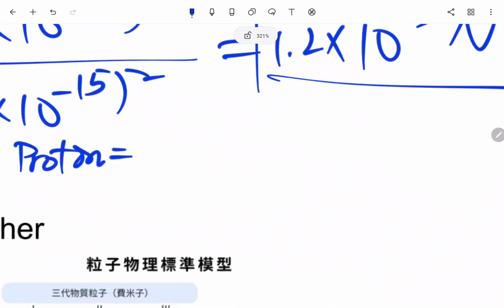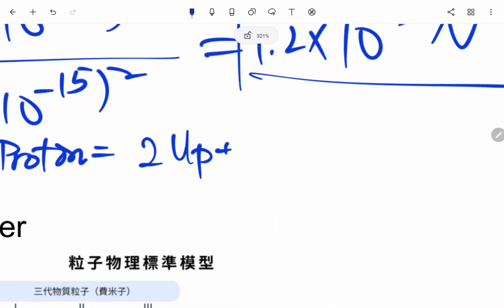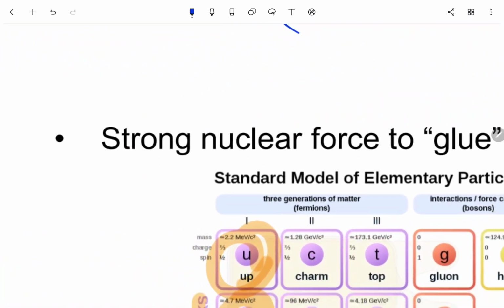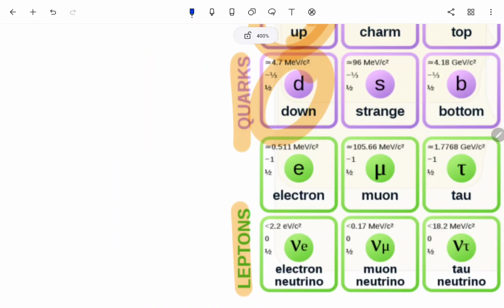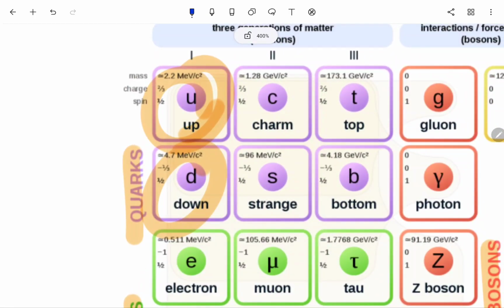It should be 2 up plus 1 down. You can see here on the top left corner, we have mass, charge, and then spin.